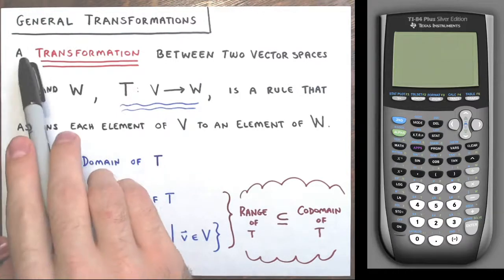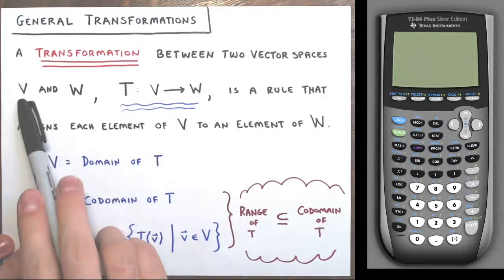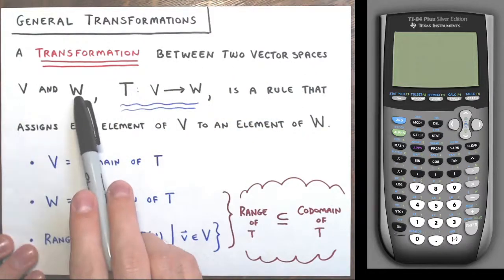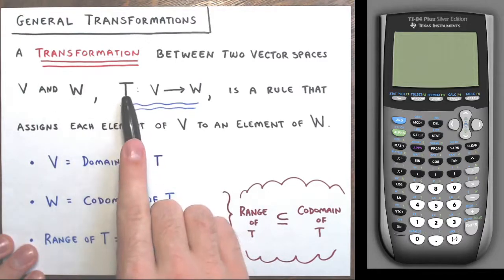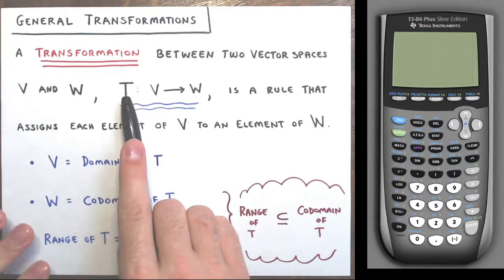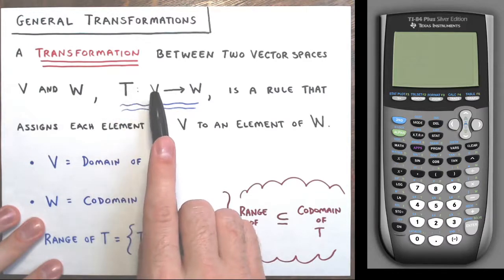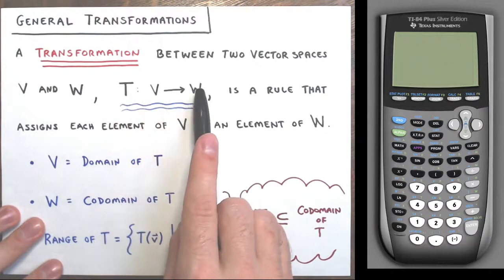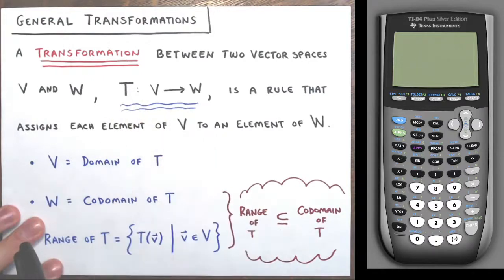Okay, so a transformation between two vector spaces, say the vector spaces are set V and W, denoted as, you have the name of the transformation, which, again, usually I'll use the letter T for a transformation, but you can call it whatever you want. So I have transformation T here between vector spaces V and W, or it's the transformation from V to W, you could say.